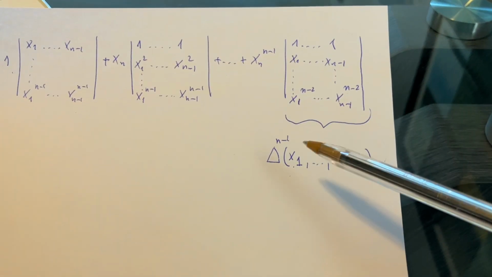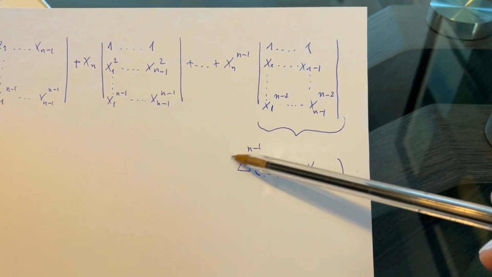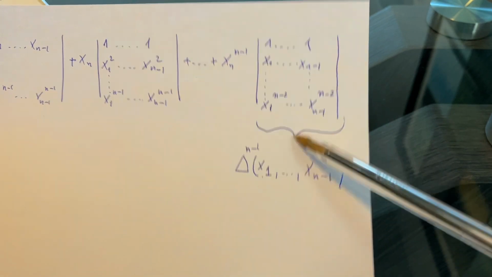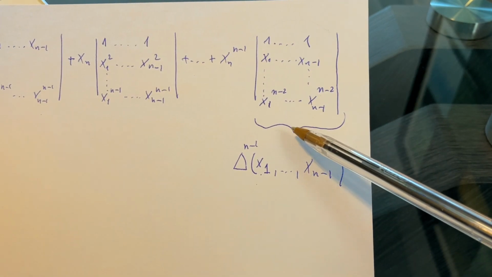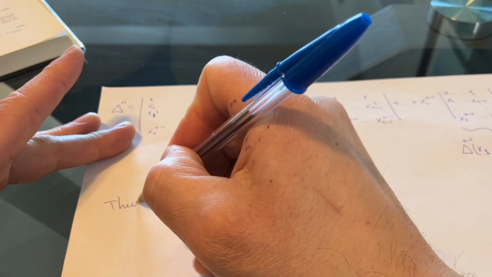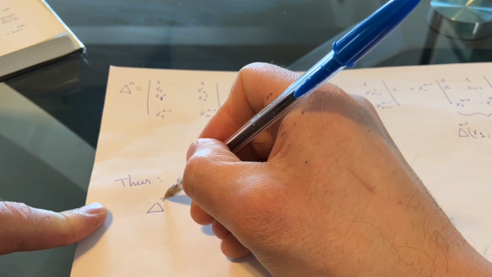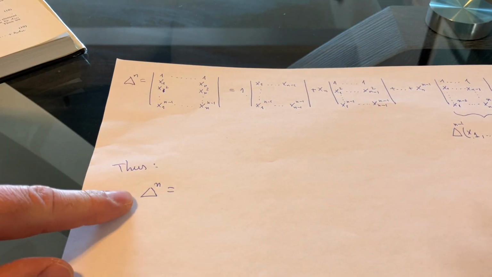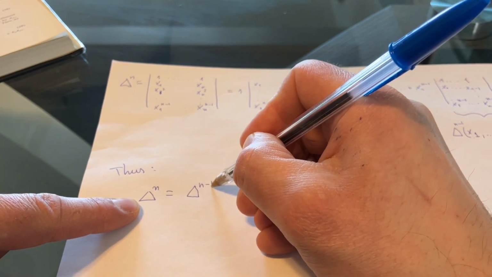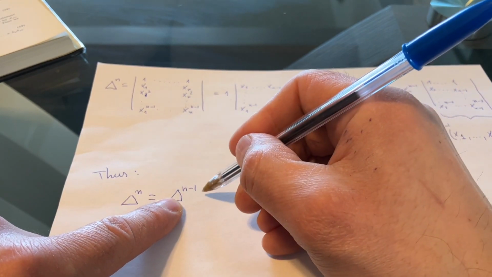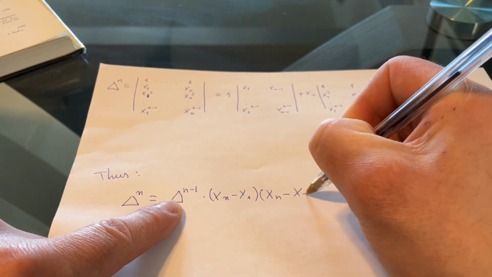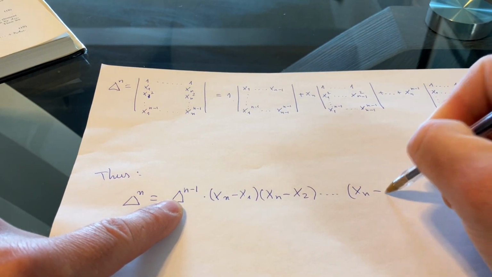We realize immediately from this expansion that the Vandermonde determinant in the first n minus 1 coordinates must be the leading coefficient. So the Vandermonde determinant must be equal to the Vandermonde determinant in the first n minus 1 coordinates times (xn minus x1)(xn minus x2) all the way up to (xn minus xn minus 1).